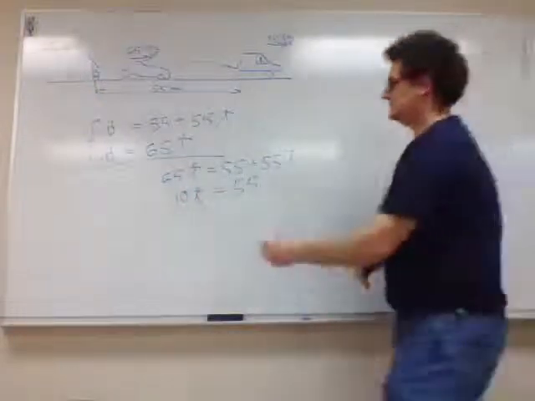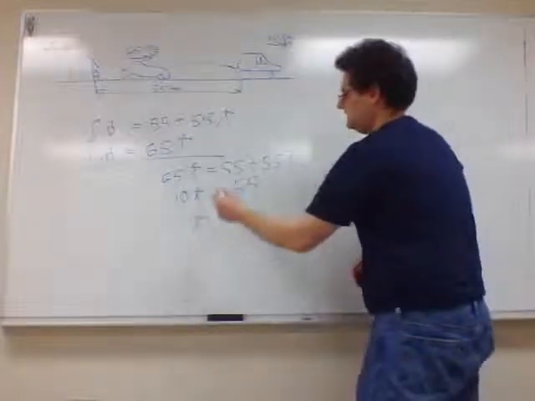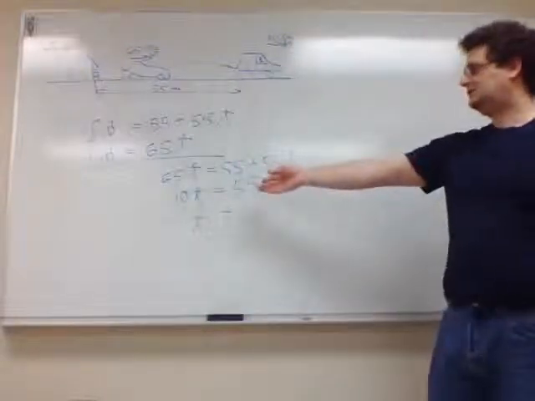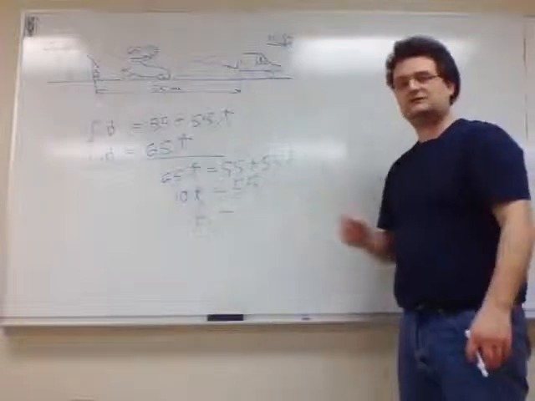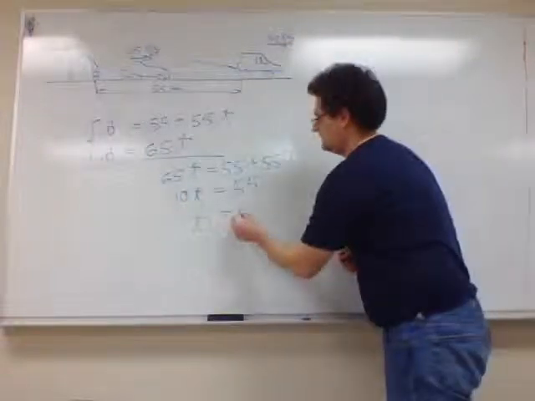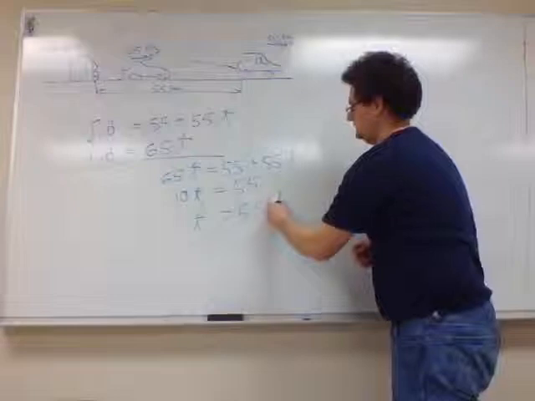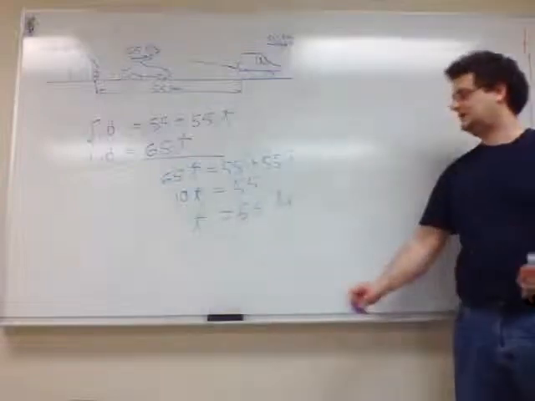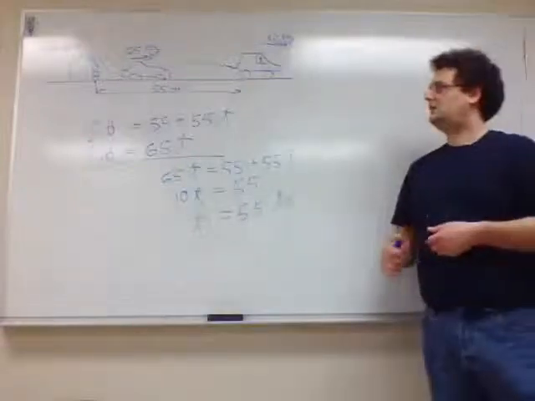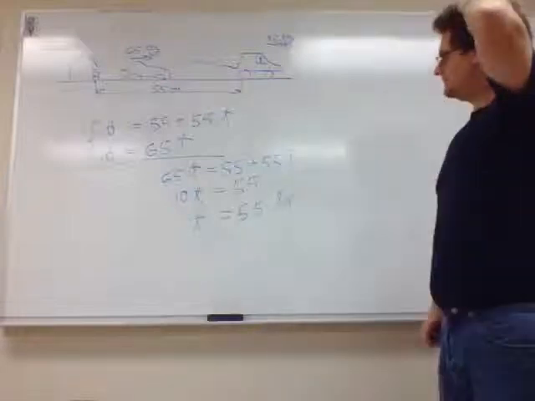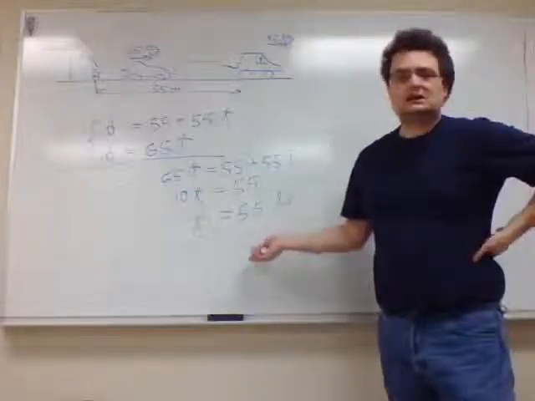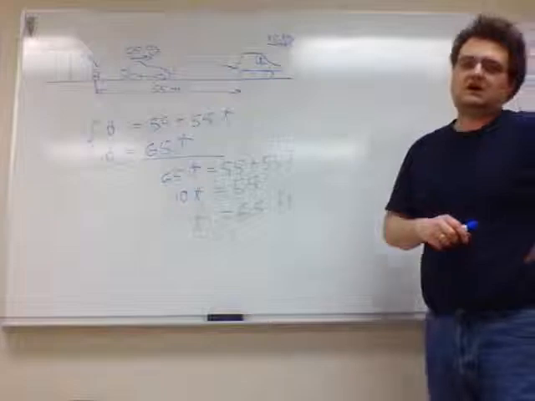So t equals what? You just need to divide by 10. 55 divided by 10 is 5.5 hours. Time is in hours, distance is in miles. So it's going to take you 5.5 hours.